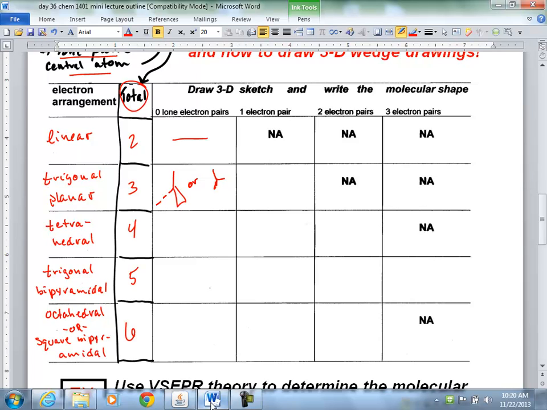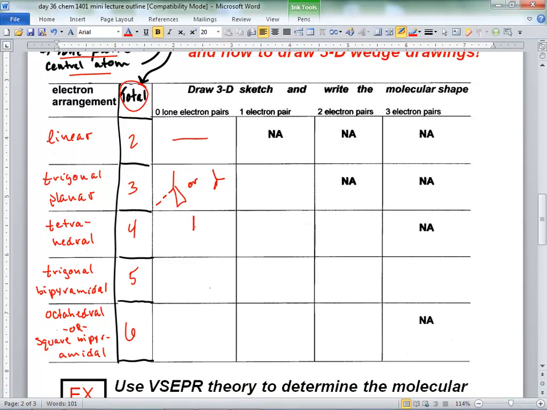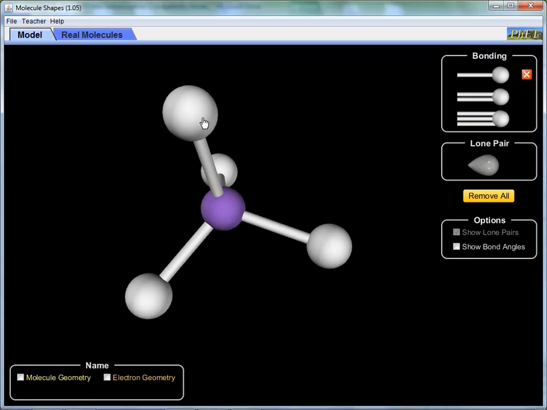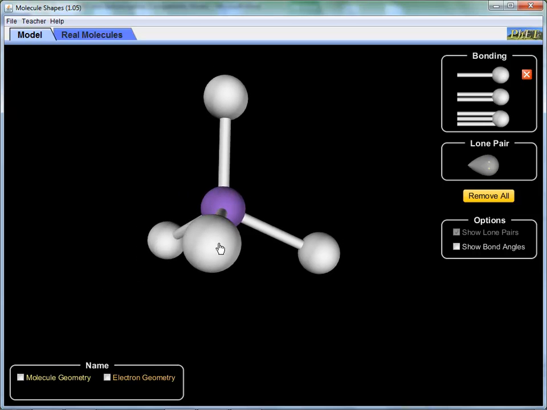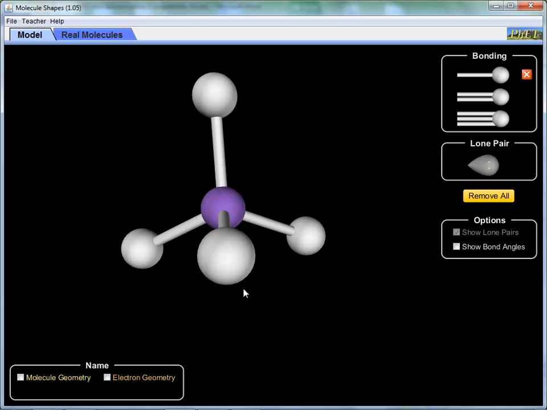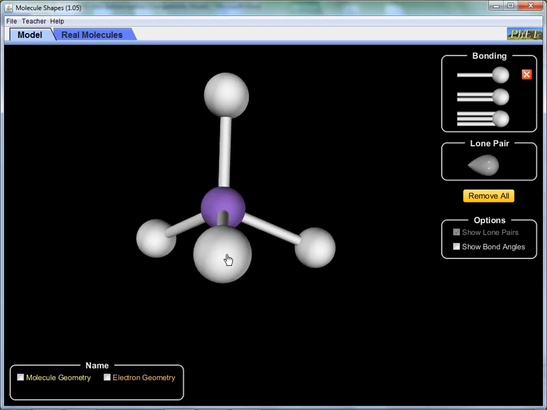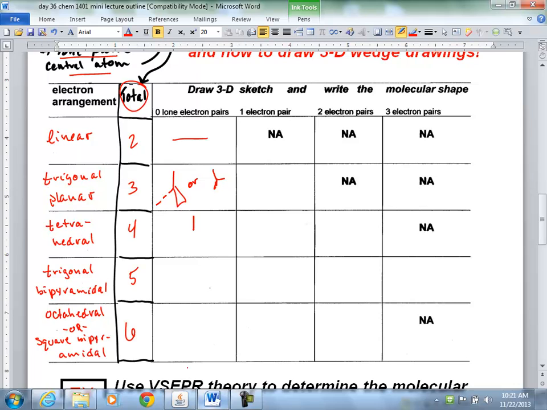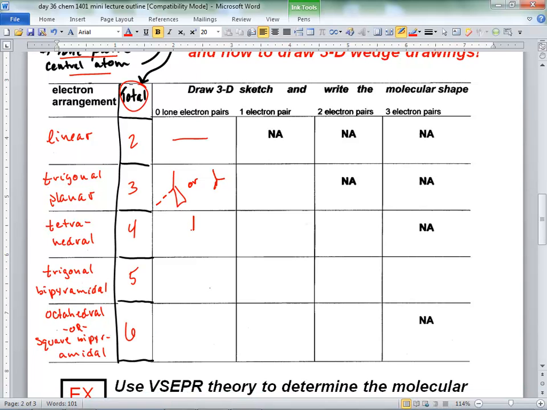Tetrahedral, 4 things. The book likes to draw it so that you can see that triangle on the bottom. Here's your top, and see if you can draw that triangle base of a pyramid on the bottom, so that you can picture it.